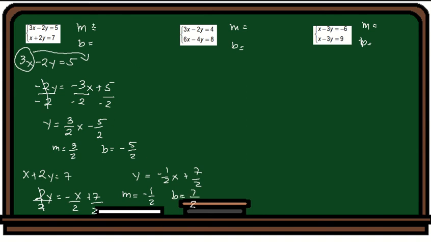So if you observe in the first system, m of equation 1 and m of equation 2 are not the same. Same for the b, or the y-intercept, of equation 1 and y-intercept of equation 2: they are also not the same.